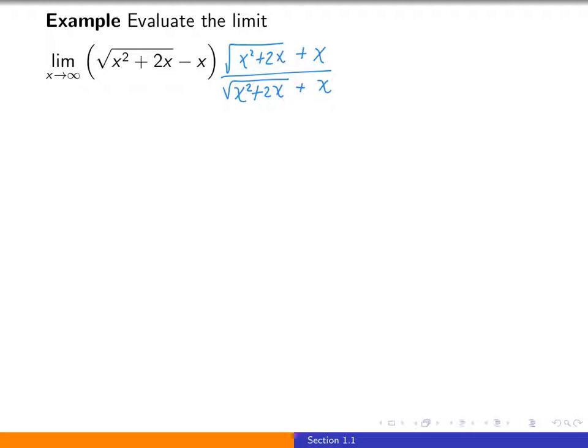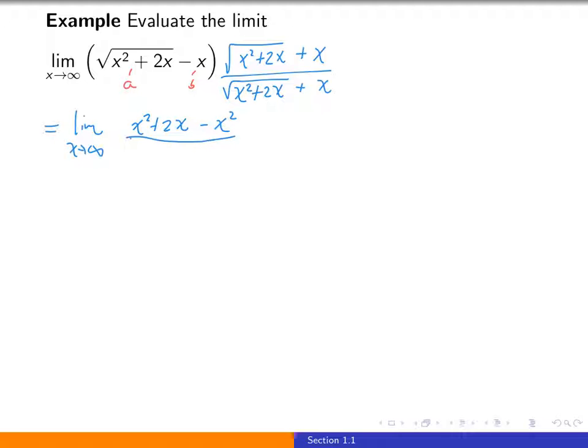And what this is going to allow us to do is in the top, when we FOIL that out, remember it's the difference of squares formula. We can think of it as being something like an a minus b times a plus b. So a squared minus b squared. So the square of a square root makes it go away. So a squared would be x squared plus 2x minus b squared, which is x squared.